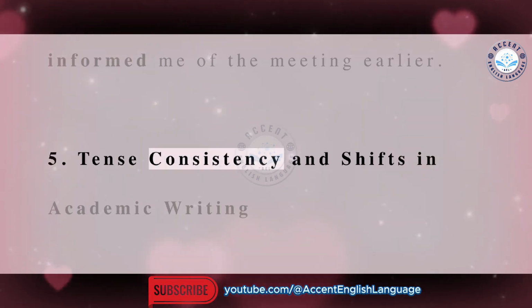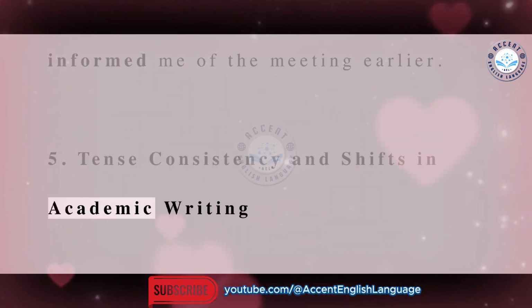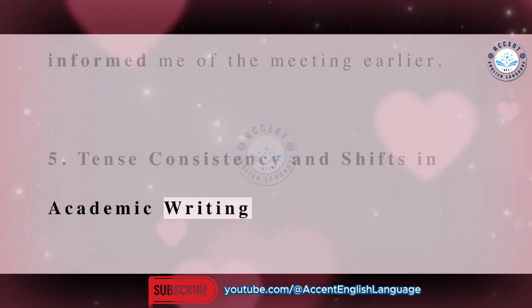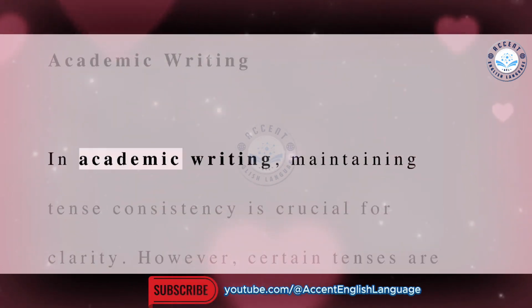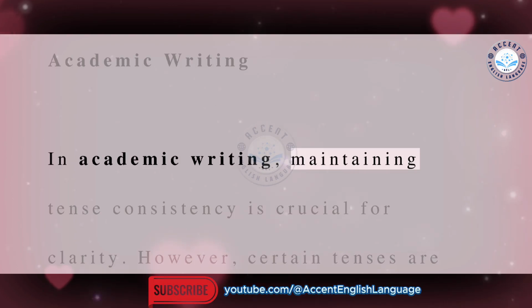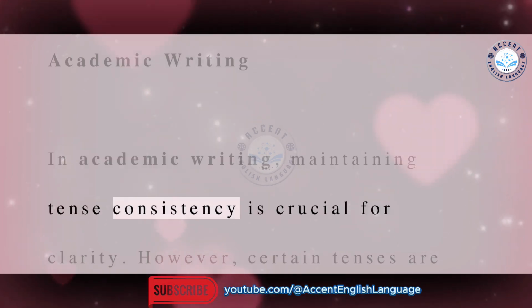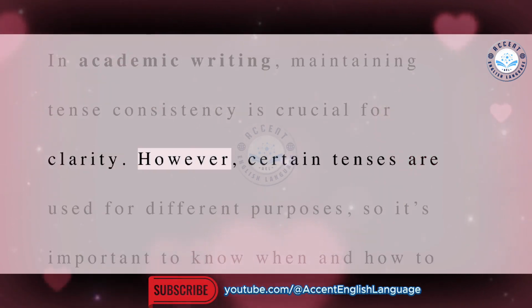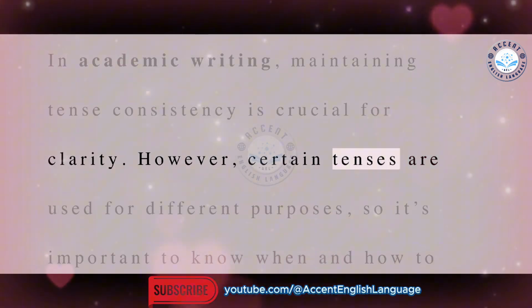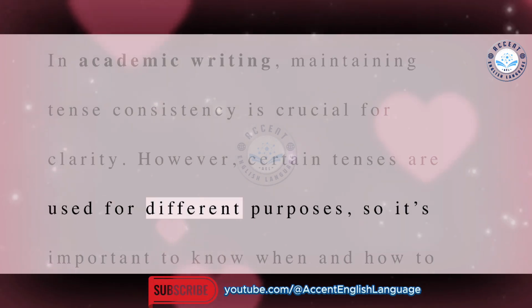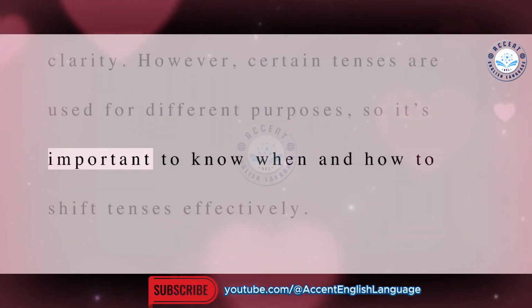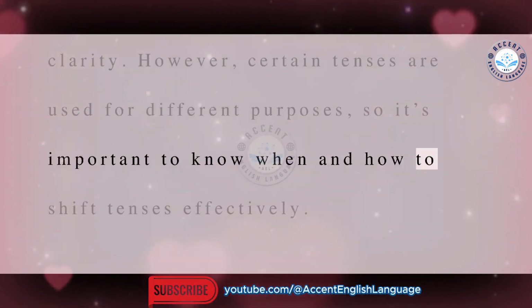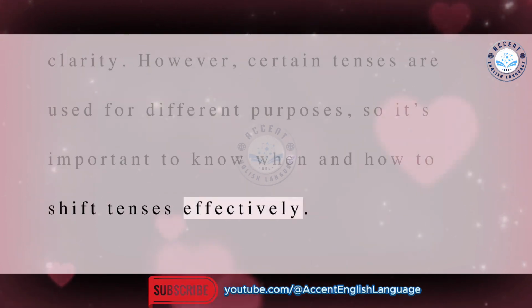5. Tense consistency and shifts in academic writing. In academic writing, maintaining tense consistency is crucial for clarity. However, certain tenses are used for different purposes, so it's important to know when and how to shift tenses effectively.